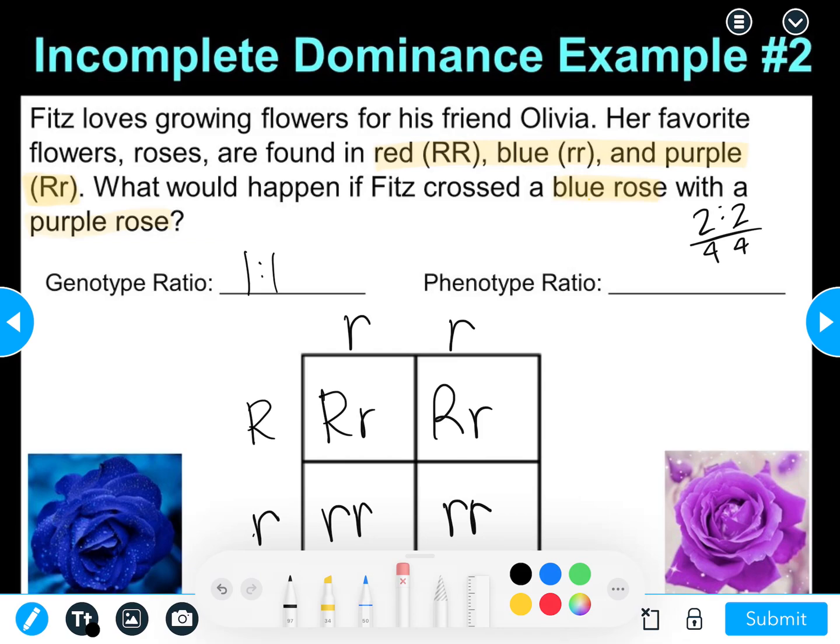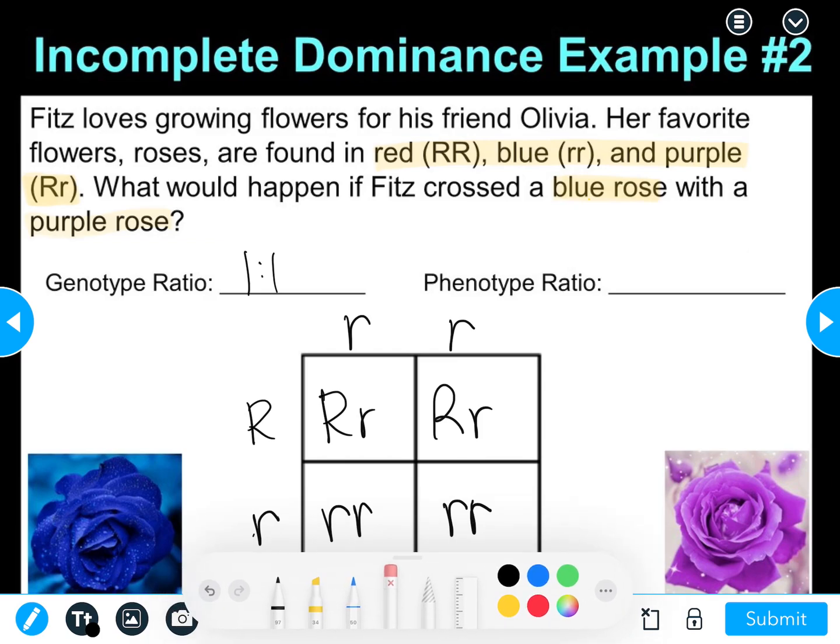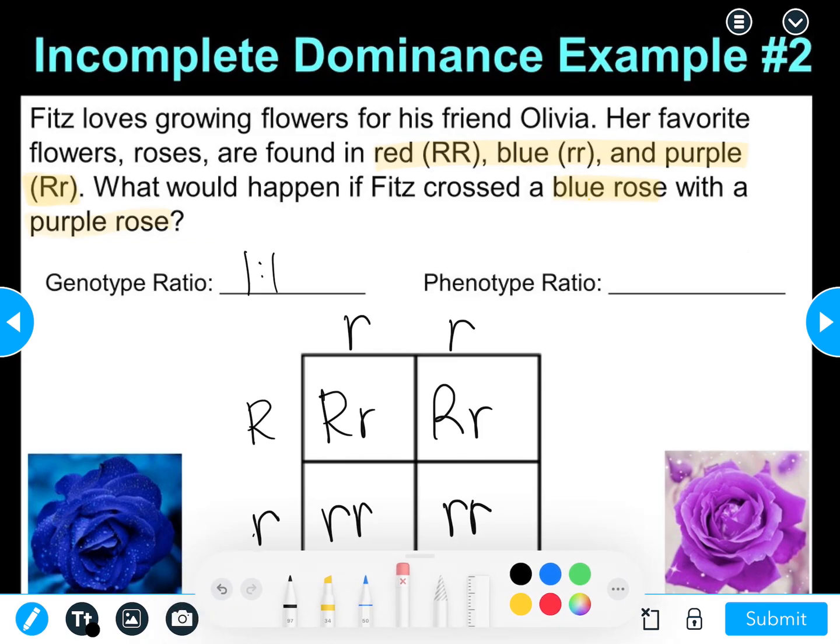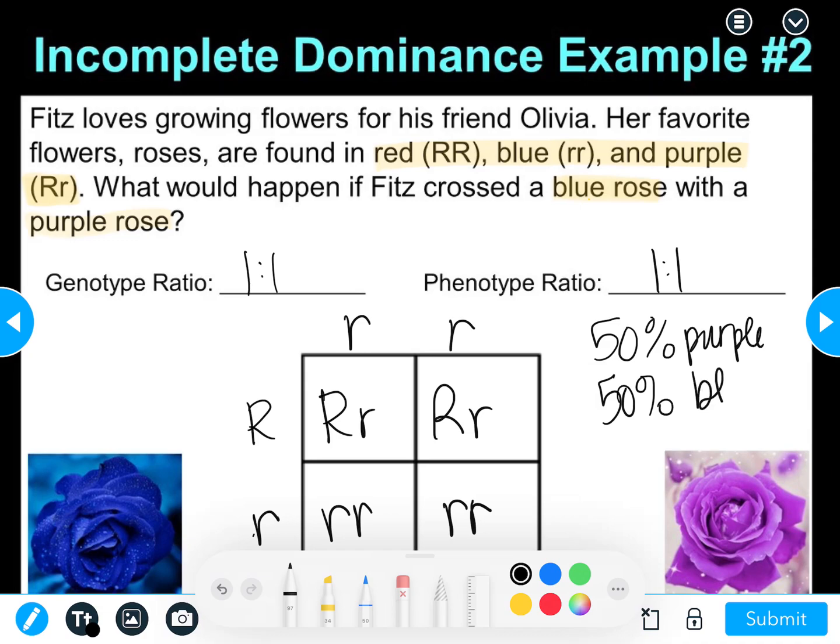In this situation, my phenotype would be the same, so it's 1 to 1. So we have 50%, that would be purple, and 50%, that would be blue. Okay?